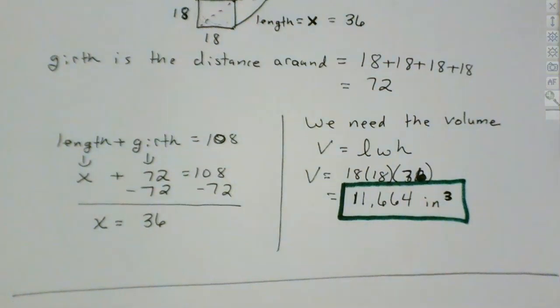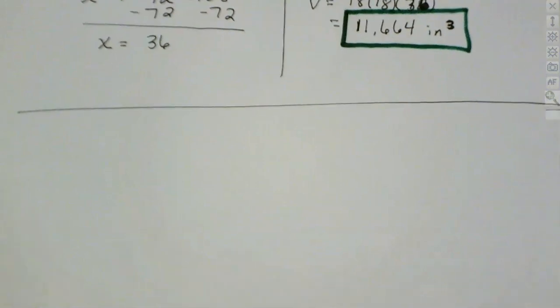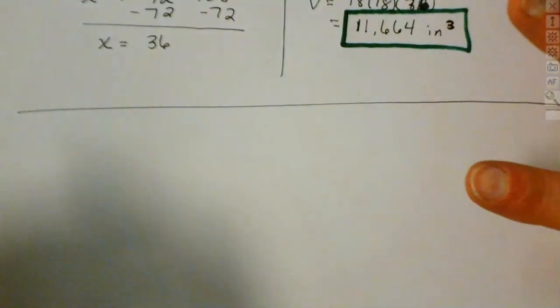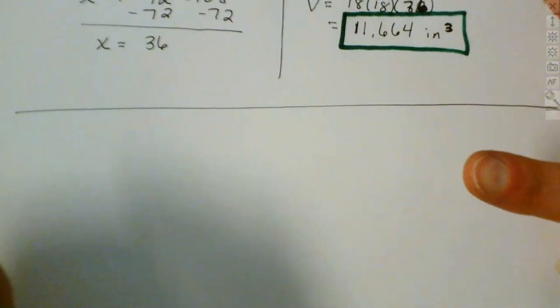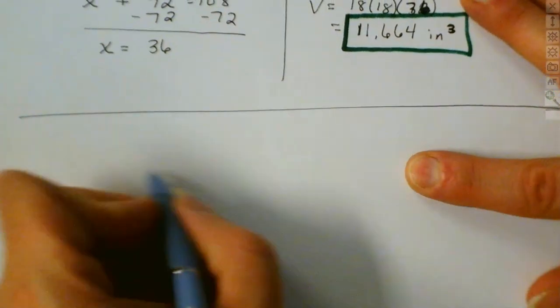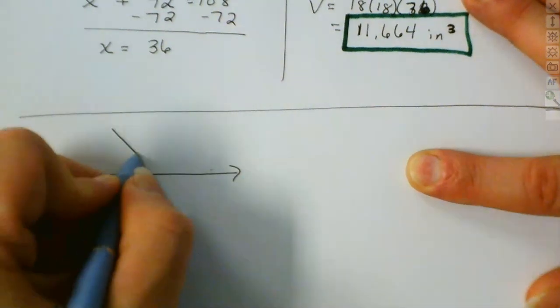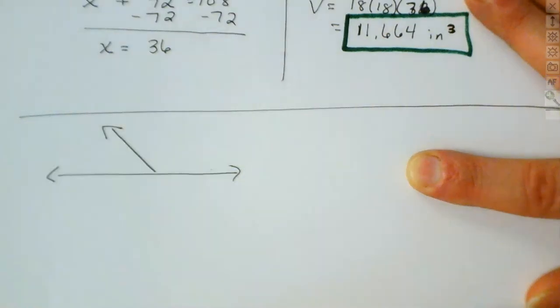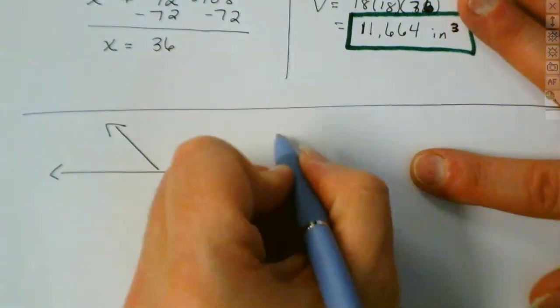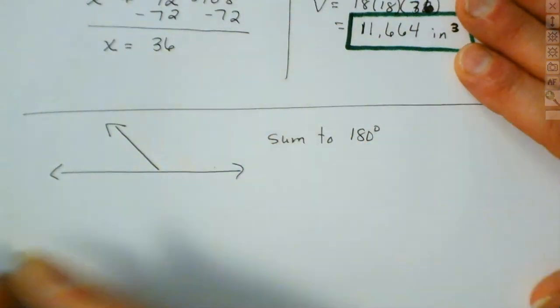Now let's talk quickly about some angles. We've talked about these before, but we're going to review our angles. When we talk about angles, there are 3 different scenarios. If they form a straight line like this, if your diagram looks like this, then it's going to sum to 180 degrees.